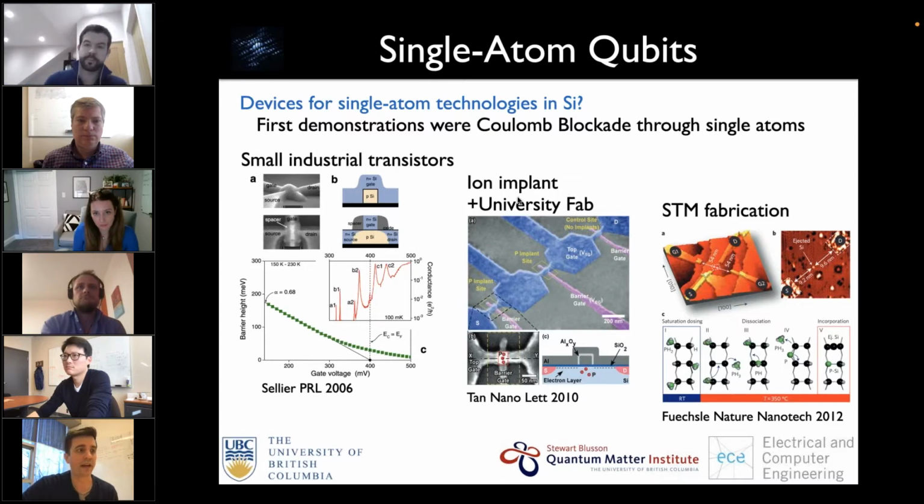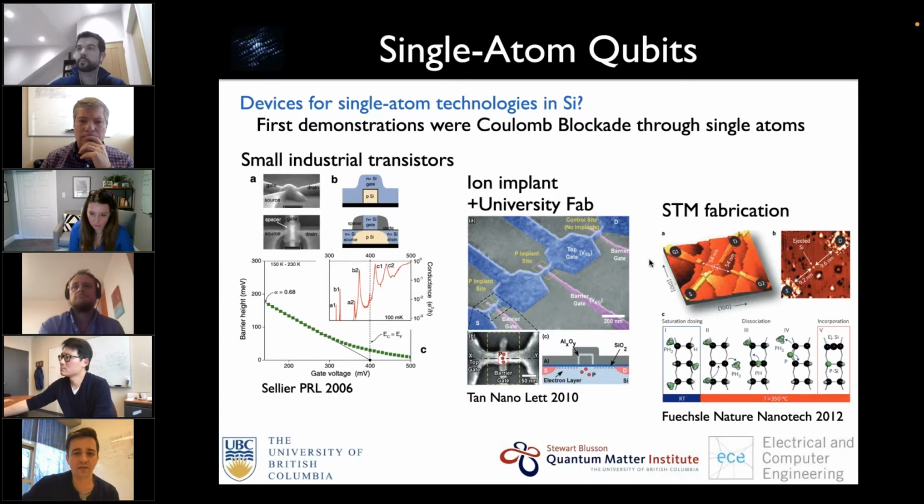Later on at UNSW in Sydney, Australia, two other techniques were developed inside university fabrication facilities. The first was ion implantation, where phosphorus ions were accelerated and implanted inside a crystal underneath a gate that's used to control the transport. Then an extremely impressive demonstration of fabrication at the atomic level using a scanning tunneling microscope was demonstrated just two years later for a single atom.